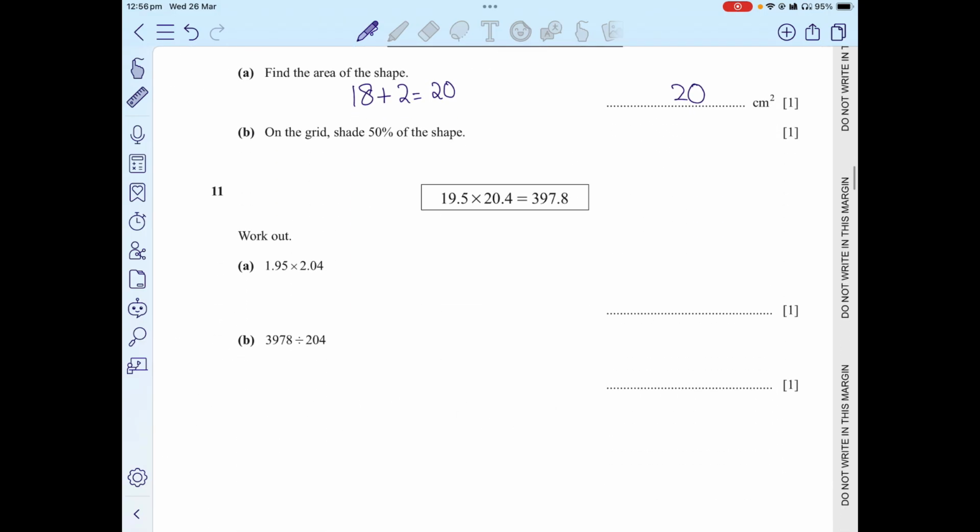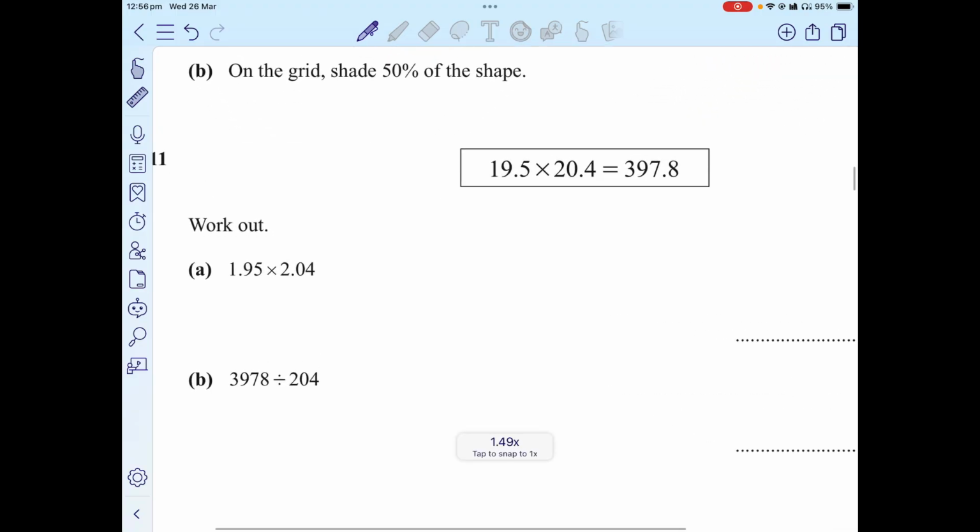The next question says 19.5 times 20.4 is basically 397.8. So work out 1.95 times 2.04. If you see in 1.95, we have divided this value 19.5 by 10. So 19.5 divided by 10 would be 1.95.